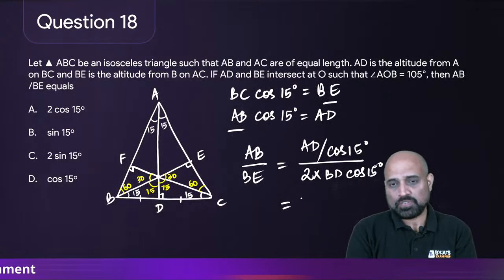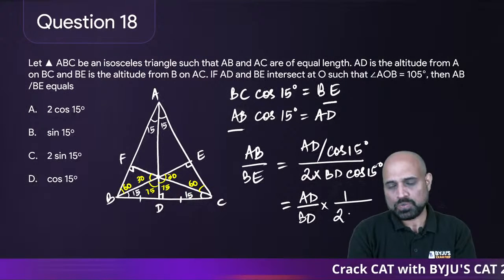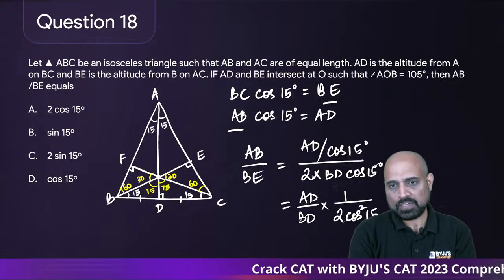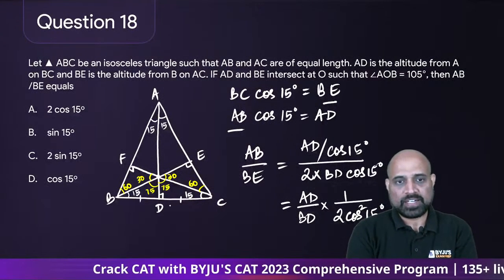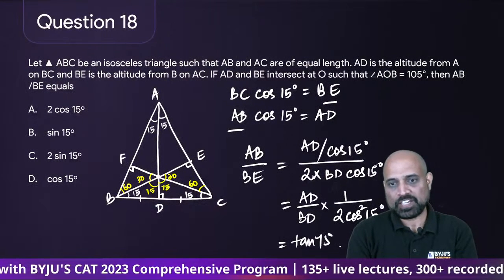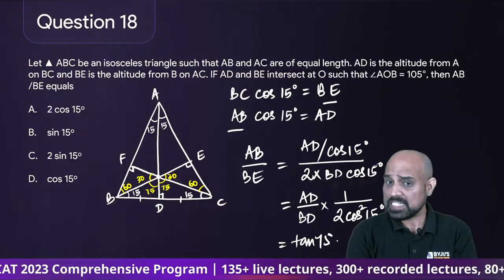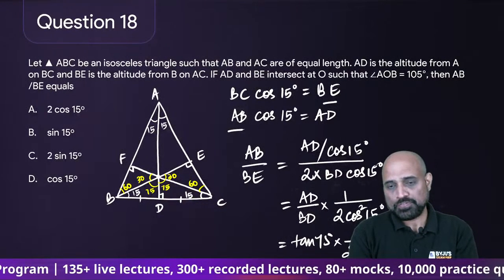Now we don't know the value of AD, but AD by BD, and then we will have 1 by 2 cos square 15. Now how AD and BD can be calculated? AD by BD can be written as tan 75 degrees, isn't it? Into 1 by 2 cos square 15 degrees.